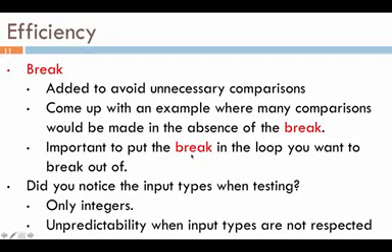You must put it in the loop that you want to break out of. Also, did you notice the input types when we tested the program? Only integers. And you also notice that the output is highly unpredictable when the input types are not respected. What are the outputs? Those are not very important. We should not really care about what the output is when the input is wrong.